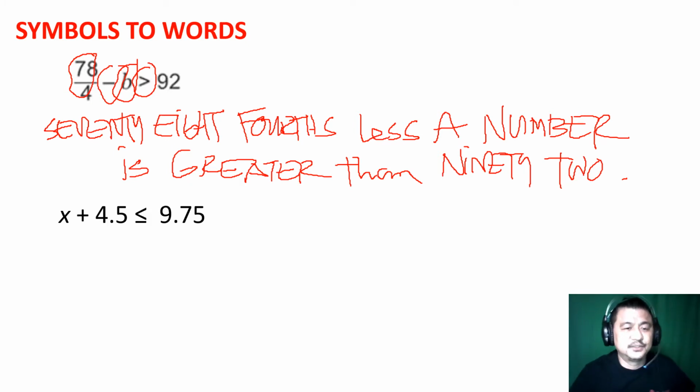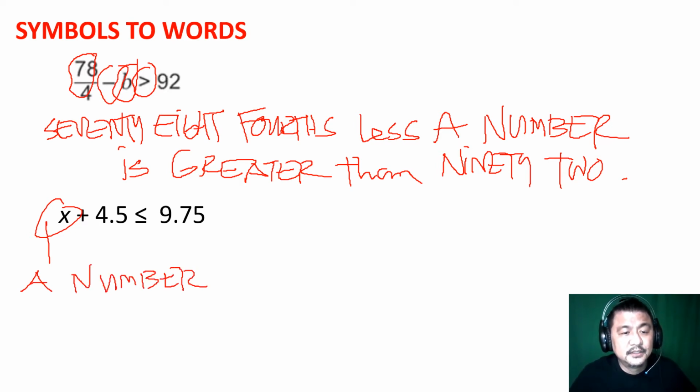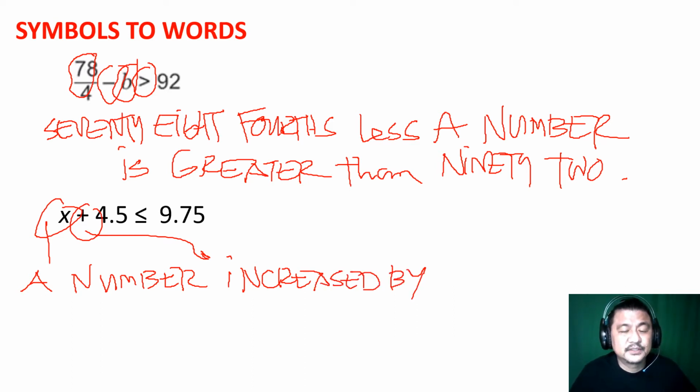So now we have words, right? Okay, let's try another one. Do we know the number? No. So we could say a number. Other name for plus? Yes, increased by what number? 4.5. Let's just write the number there.